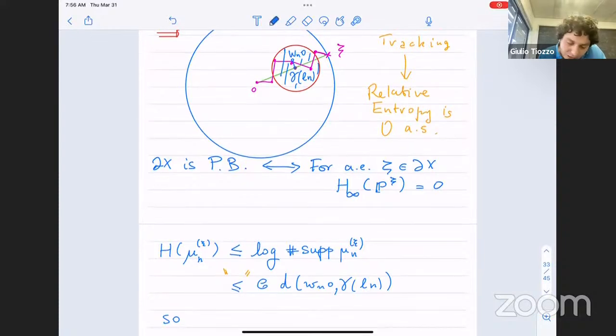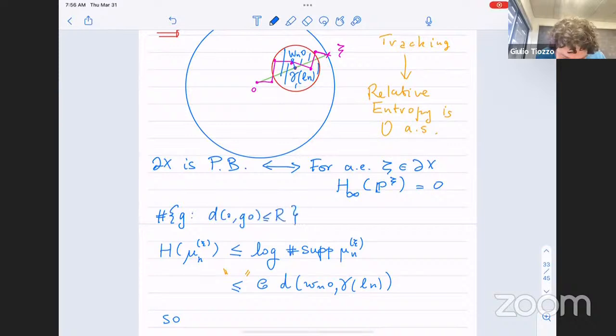And remember, we have an action with exponentially bounded growth. So remember that the number of elements in a ball of radius r grows at most exponentially. So how many elements are there in this ball? Well, it's exponential in the radius, and the radius is sublinear.